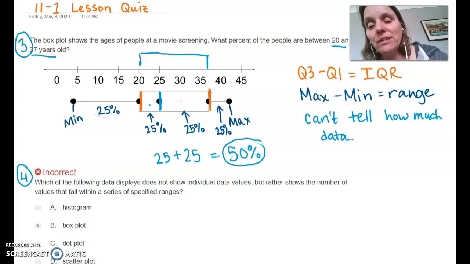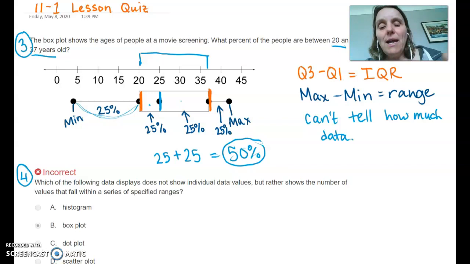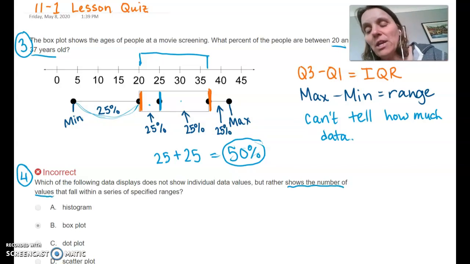I can definitely see that 25% of my data falls in a region, but I don't know how many values that is. It doesn't show the number of values. It only shows me that 25% of my values are in there.